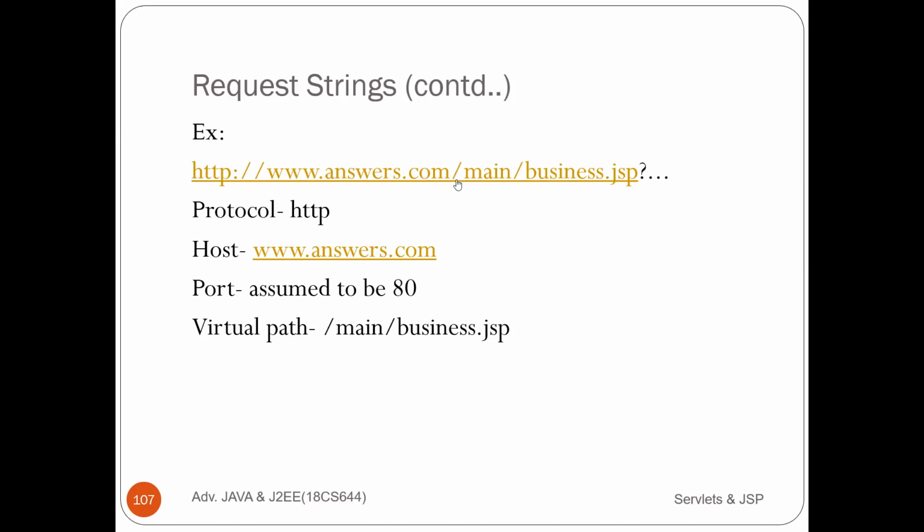The virtual path is after this. These are directories: inside the main directory, a subdirectory main is present, and inside that main directory business.jsp is present. That is the virtual path. So these are the four parts that a URL contains: the protocol, host, port, and virtual path.